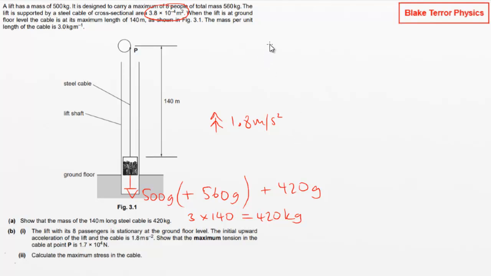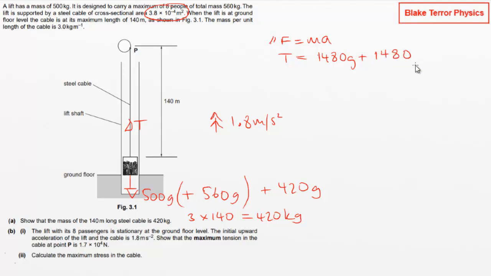So we've got F equals ma is what we're going to do on this. So we've got T, which is going up. T minus all of the weight is the mass times the acceleration. So we've got that T is going to be equal to how many g's have we got here? 500, 1,060, 1480 g plus our total mass on all of this, which is going to be that without the g, multiplied by the acceleration.